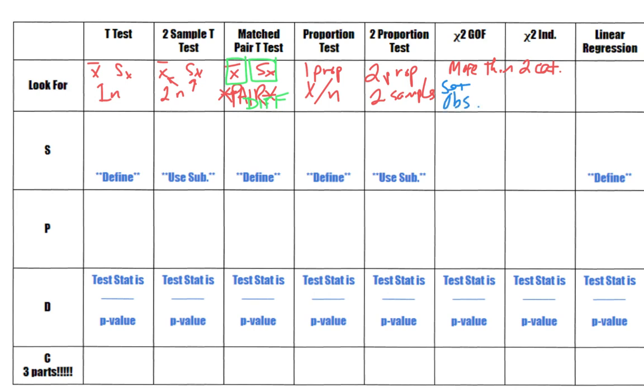And in an independence test, you look for a table of observed values. Basically, you've broken into categories in two directions, right? You're saying, well, I broke it down by not only their class in school, freshman, sophomore, junior, senior, but then I also broke it down by their income level or something like that. You've broken into categories in two directions and almost made a table of it. And linear regression is probably the easiest to spot, because obviously you're talking about the slope, right? You're looking for a pretty specific type of test here.